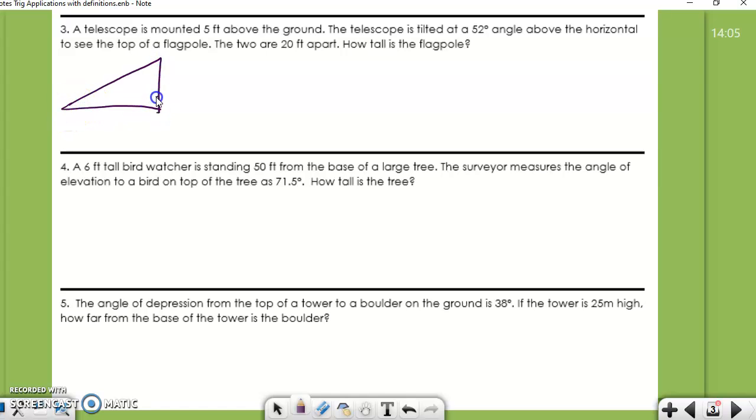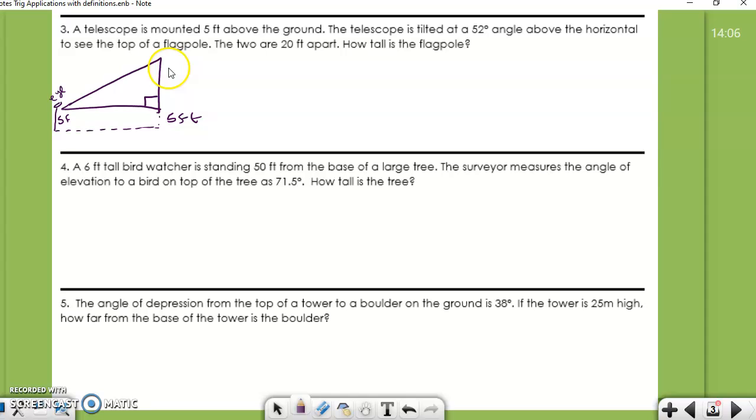I've got myself a right triangle, and it says a telescope is mounted 5 feet above the ground. So if I think about my little telescope over here, this is going to be 5 feet above the ground is where the eye of the telescope is, basically. So that makes this 5 feet.